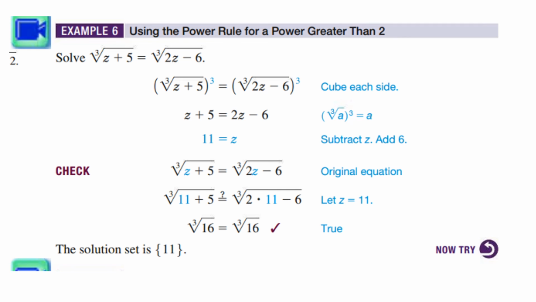So we have (the cube root of z plus 5) cubed is equal to (the cube root of 2z minus 6) cubed. That gives us z plus 5 is equal to 2z minus 6. Solving that, we get z is equal to 11. We check it, and both sides give us the cube root of 16, which means it's true. The solution set is 11.